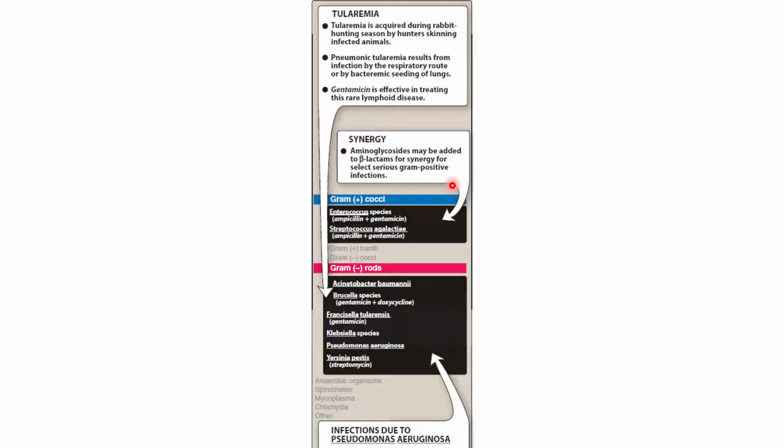Because some bacteria's cell wall is not permeable for the aminoglycosides, and beta-lactams destroy the cell wall and make it more permeable for the aminoglycosides, because they inhibit the cell wall structure.